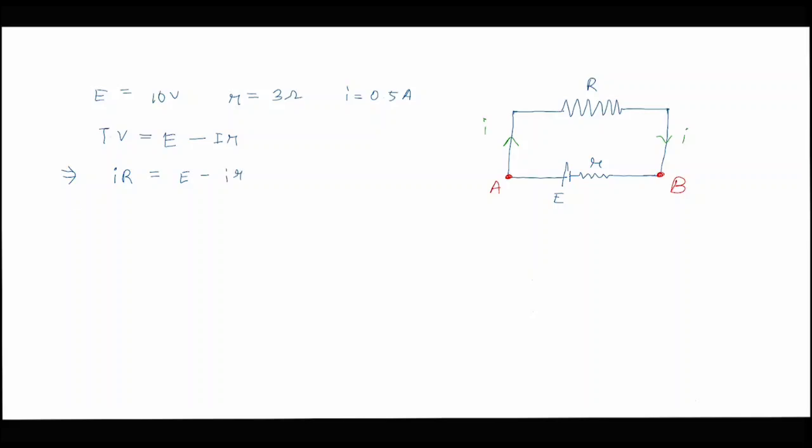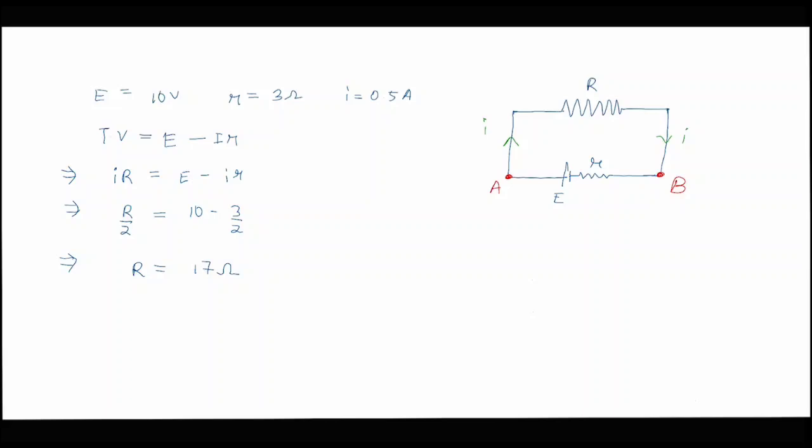From this expression we can calculate R. I is 0.5, that is half, so R by 2 is equal to 10 minus 3 by 2, and from here we obtain that capital R is equal to 17 ohm.